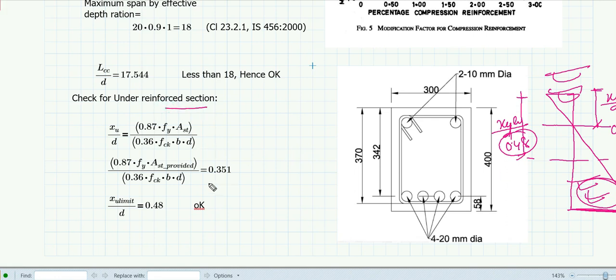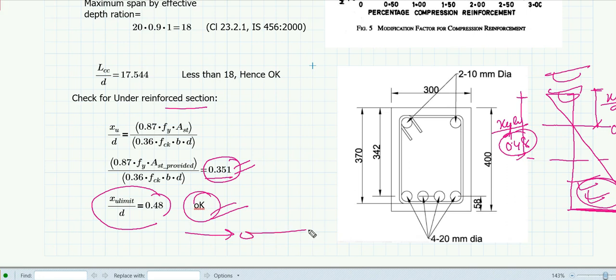As Xu by d limit is more than the actual Xu by d of the section, this is an under reinforced section, so this condition is also satisfied. With this you can say that we are done with the design for flexure.